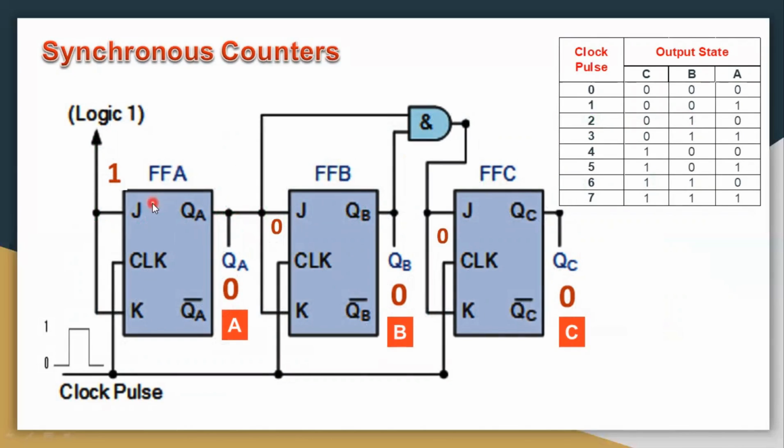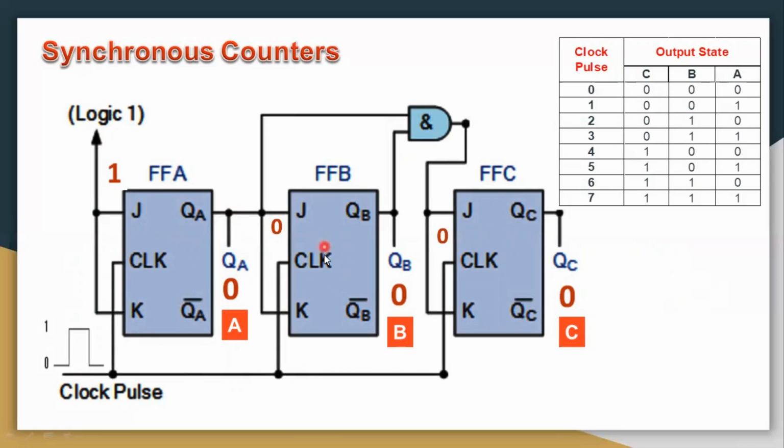So, initially, the outputs are 0, 0, 0, and we are always giving this input high. And when I am giving the first clock pulse, it changes to 1. Remember, in synchronous counter, we are giving the clock pulse simultaneously. So, it will depend on the previous state.